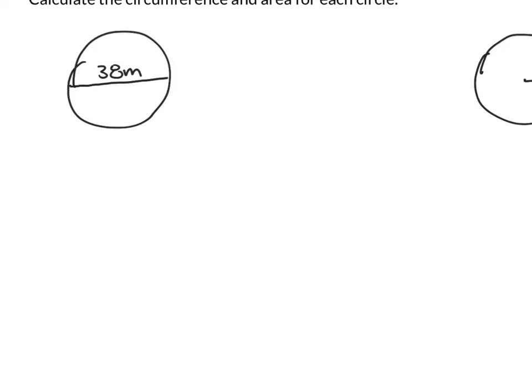Since this is all the way across the circle, I know that my diameter is 38. We want to find our radius, so we're going to divide 38 by 2, and we get R is equal to 19 meters.